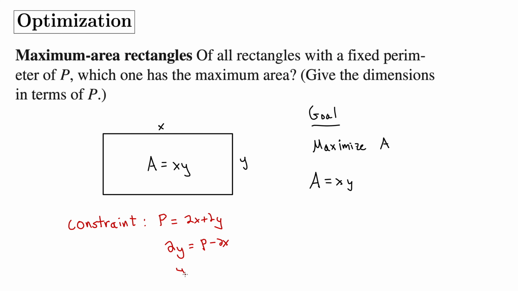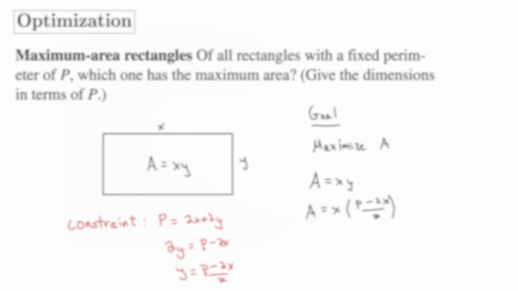Solving that for y gives y equals P minus 2x all over 2. And the good news is we can now plug that in up here to get this whole area equation in terms of one variable, x. So I plug that in and get area equals x times P minus 2x over 2.